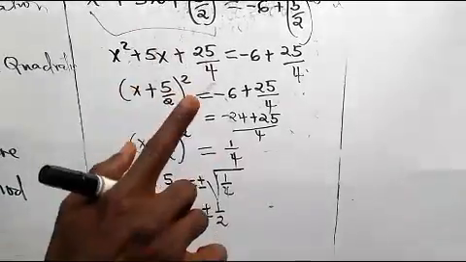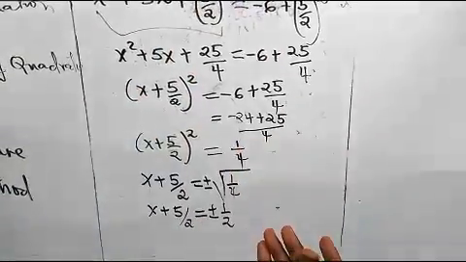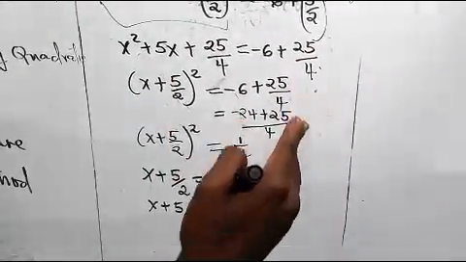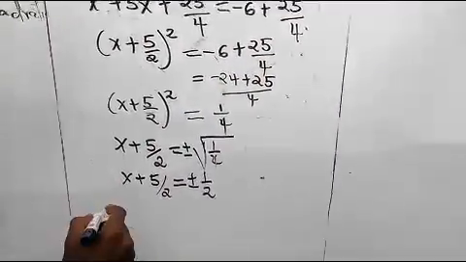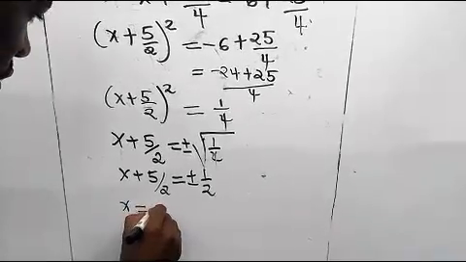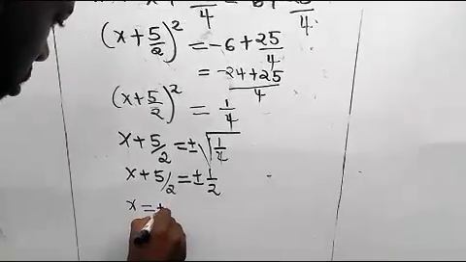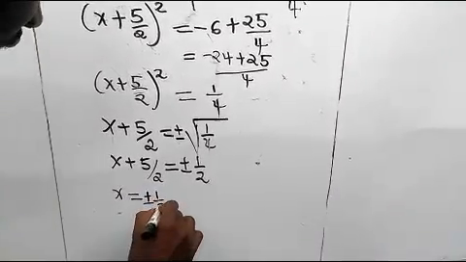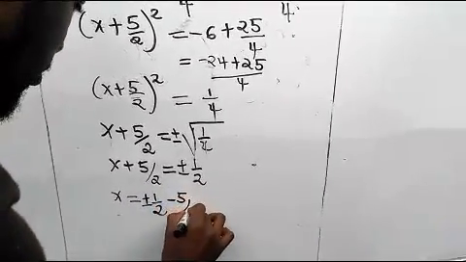Now x is going to have two values, like I said. For a quadratic equation, in which the highest power is 2, x must have two values. Now we are going to take the first condition: x equals plus or minus half minus 5 on 2.